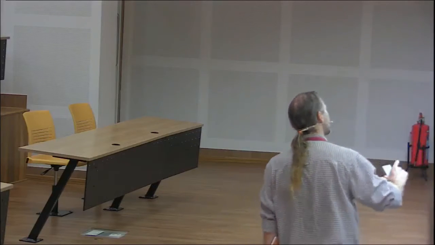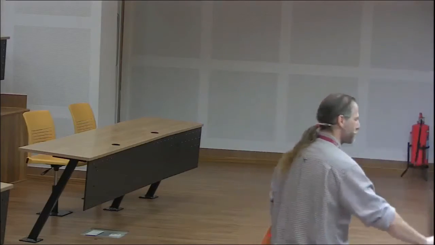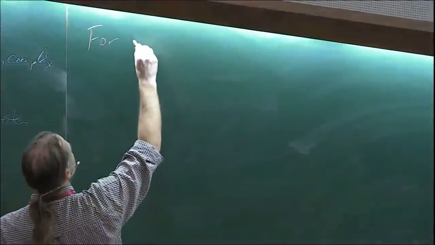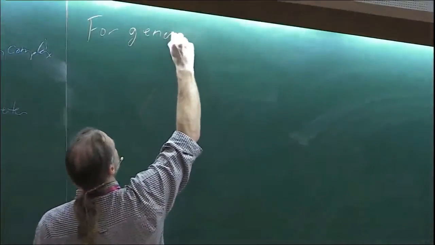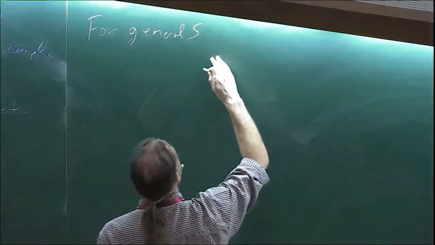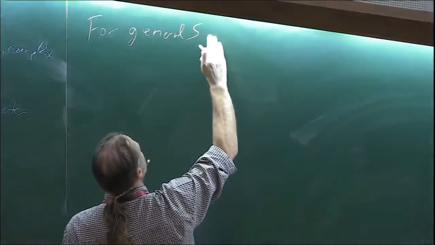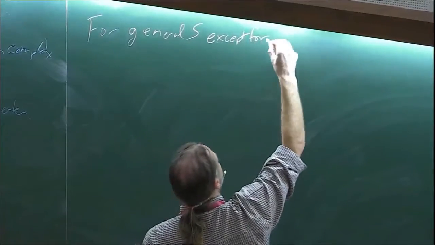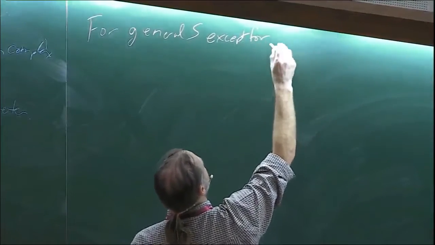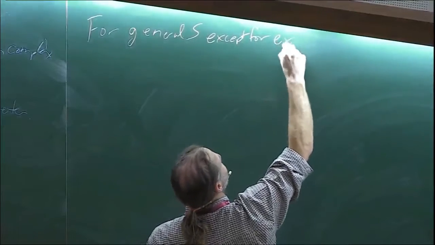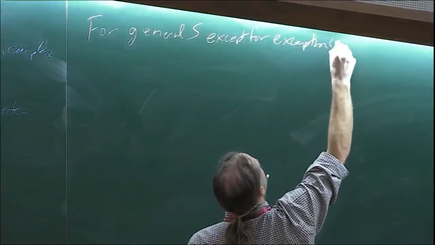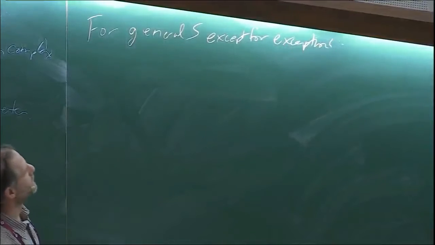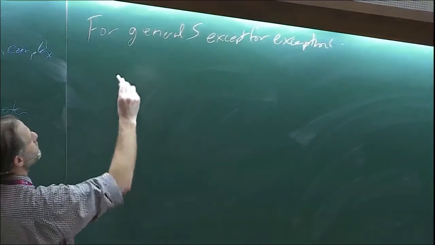Okay, so there's going to be a few exceptions to this, but in general, for general S, except for some examples which I'll note, so except for like 6 cases, the following is true.